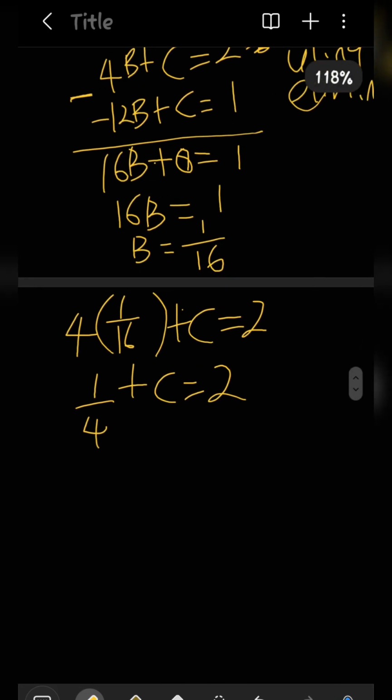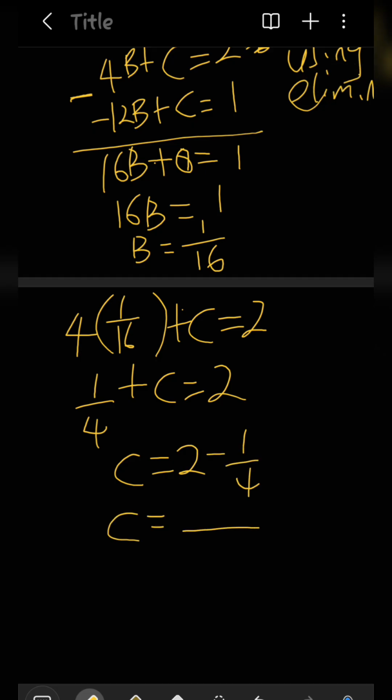So that means that our C is equal to 2 minus 1 over 4. Taking the LCM, we have 4. 4 goes into 2, we have 8. 8 minus 1 gives 7. So C is 7 over 4.